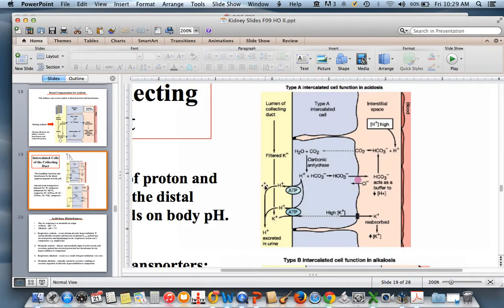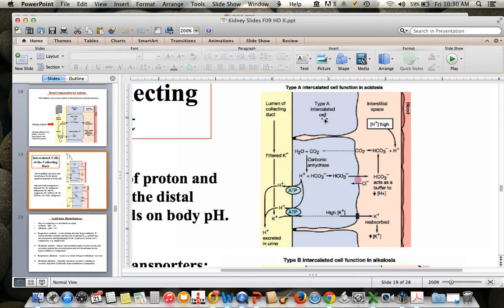And what I've done is I've zoomed in on slide 19 to show what we have for type A cells here. What this diagram is showing us is the lumen of the collecting duct. It's helpfully colored yellow, so it's sort of pre-urine, if you want to think of it that way, on its way out.